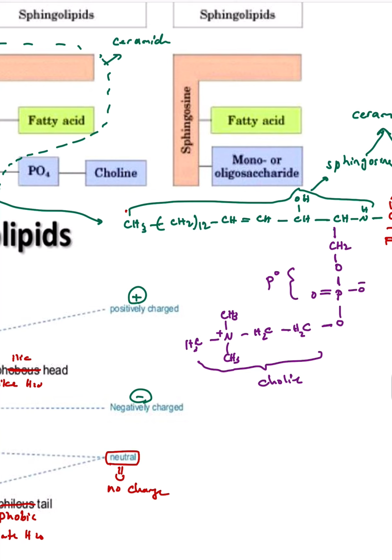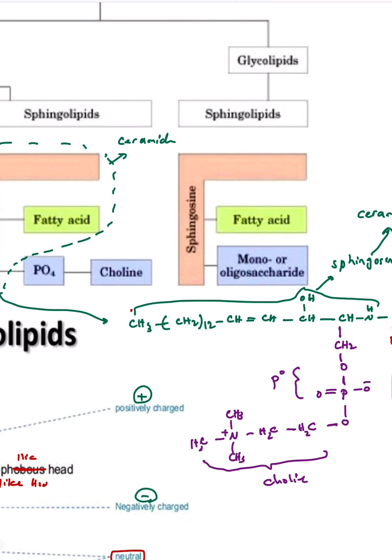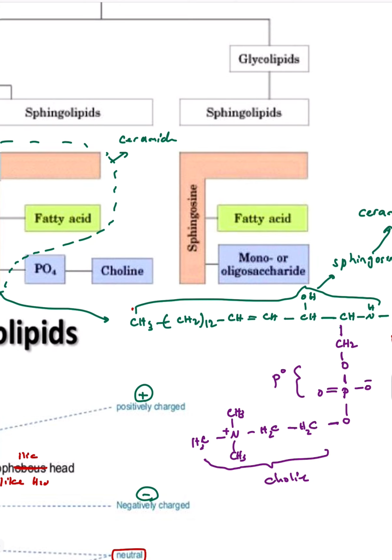But sometimes in the sphingolipids, which are from the glycolipid family, we have a ceramide. Ceramide is again the same: one fatty acid with the sphingosine, bound to a mono- or oligosaccharide.